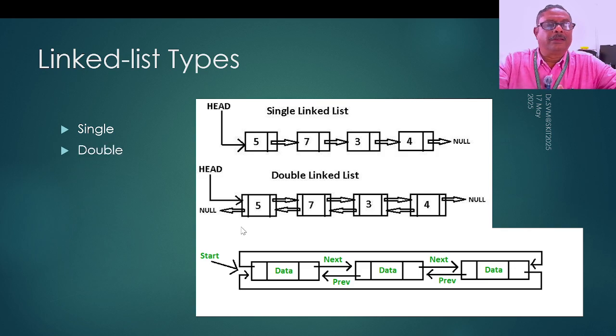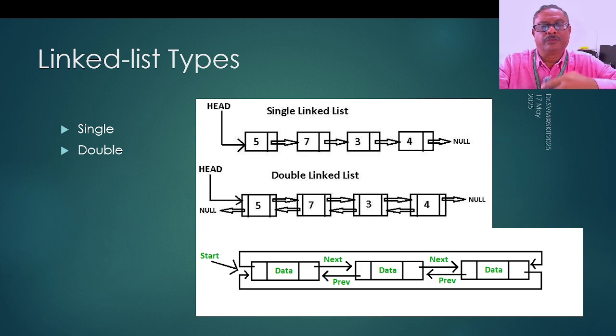Now we have another type of linked list, which is doubly linked, so that we can move in both directions. We can move from left to right using these rightward arrows. So we have a new structure for the node. In this case the node contains one data location and two address locations.